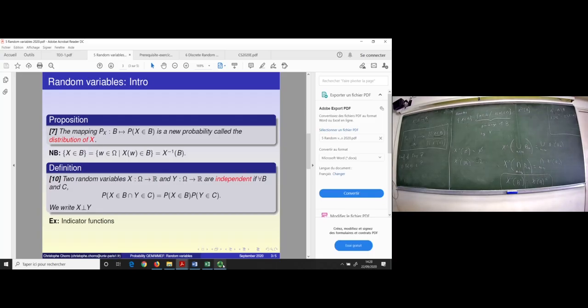Okay. Second point. The union. So, if I have a sequence of pairwise disjoint sets, the probability of the union is equal to the sum of the probabilities. What I have called the sigma additivity.